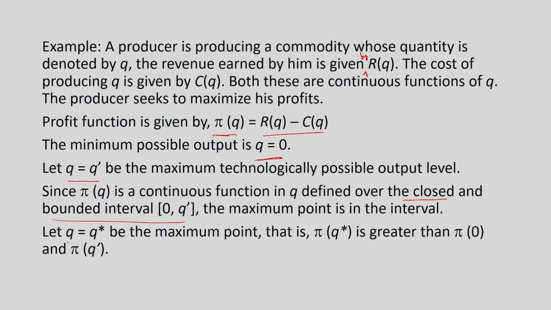And let us suppose Q is equal to Q star is greater than pi of 0 and pi of Q dashed. So, we are assuming that there is this Q is equal to Q star, which is the maximum point by the extreme value theorem, but our assumption is that it is inside that interval. So, it is between 0 and Q dashed.